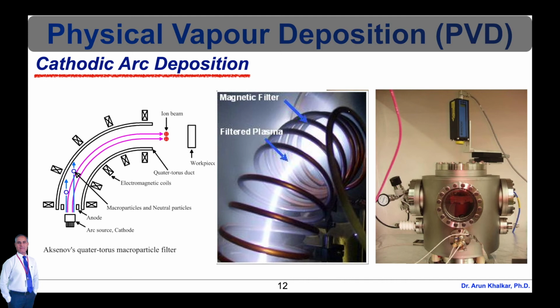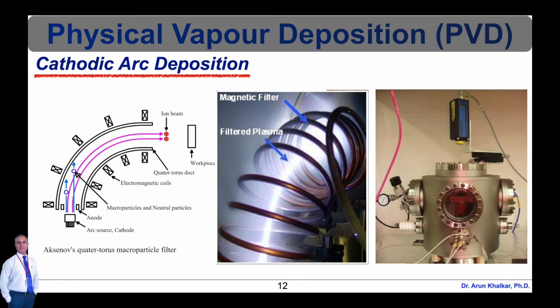The localized temperature at the cathode spot is extremely high, around 15,000 degrees Celsius, which results in a high velocity, 10 kilometers per second, jet of vaporized cathode material, leaving a crater behind on the cathode surface. The cathode spot is only active for a short period of time, and then it self-extinguishes and reignites in a new area close to the previous crater.